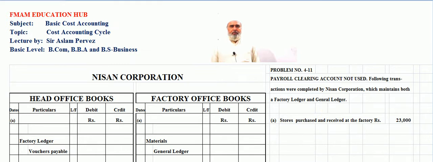Dear students, we will pass the given entries, which are given in the form of transactions, stepwise. Students, this is the first transaction: stores purchased and received at the factory, 23,000 rupees.